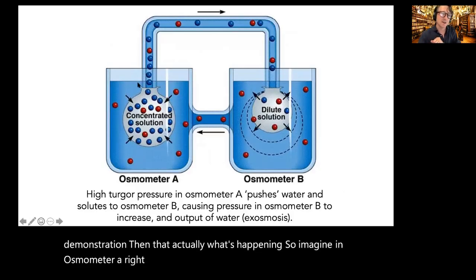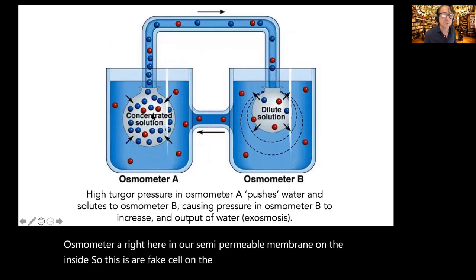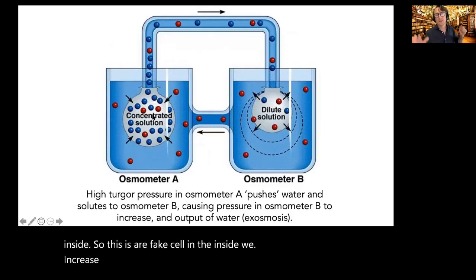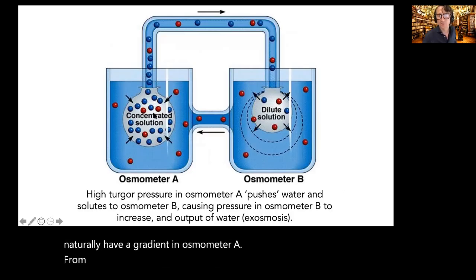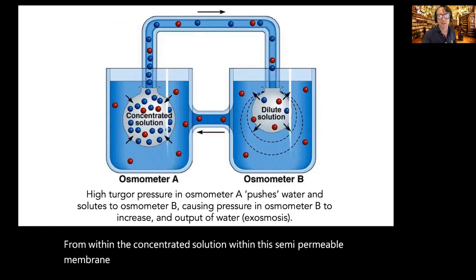In our semi-permeable membrane, on the inside, so this is our fake cell, we increase the concentrations of solutes within that cell. So we naturally have a gradient in osmometer A, from within the concentrated solution inside this semi-permeable membrane to the outside of the membrane, where we have close to pure water.